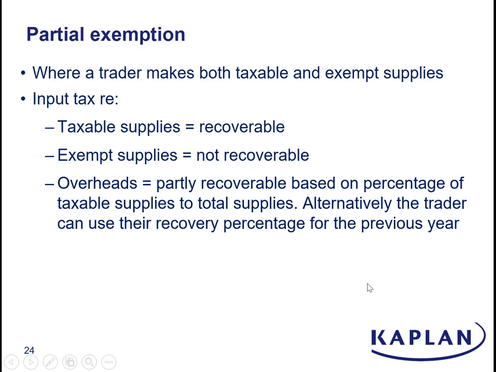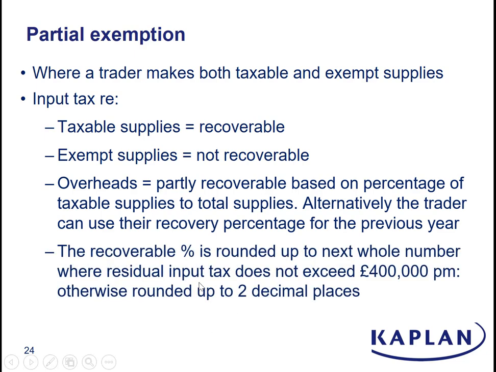Now, you can agree any method with the revenue that you choose, but the standard approach is splitting based on turnover. So under the standard approach, you take your taxable turnover divided by your total turnover. If you're a relatively small trader, you round to the nearest whole percent upwards. For larger traders, you round to 2 decimal places. It's a little bit detailed, but there we go. Thought I'd share that anyway.